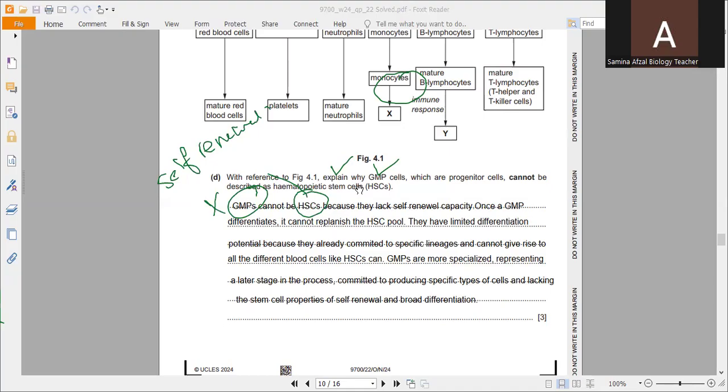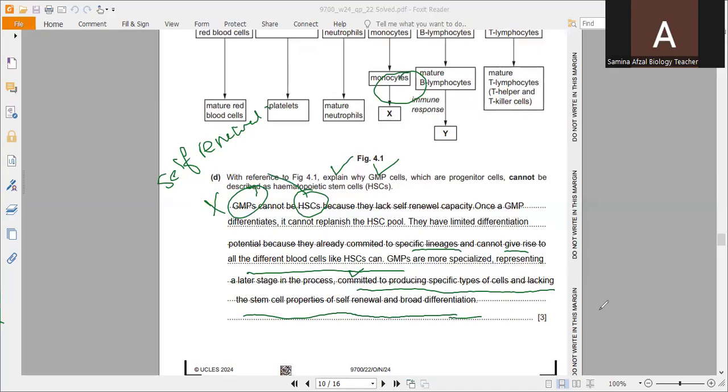They have limited differentiation potential because they are already committed to specific lineages and cannot give rise to all the different blood cells like HSC can. HSC has self-renewal, while neutrophils, monocytes and all the different types of cells are more specialized, representing a later stage in the process, committed to producing specific types of cells and lacking the stem cell properties of self-renewal and broad differentiation.